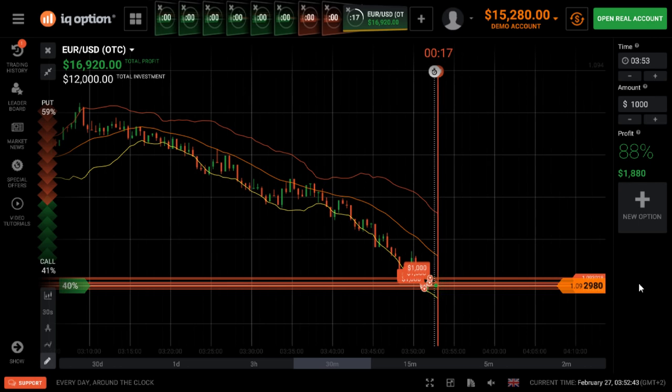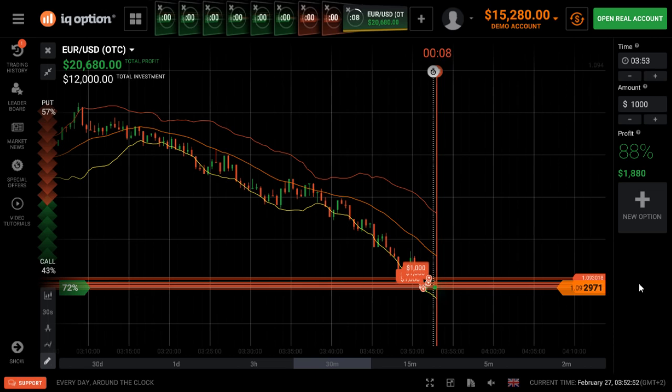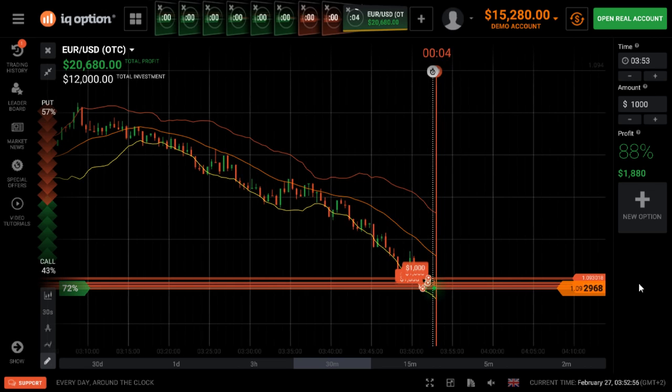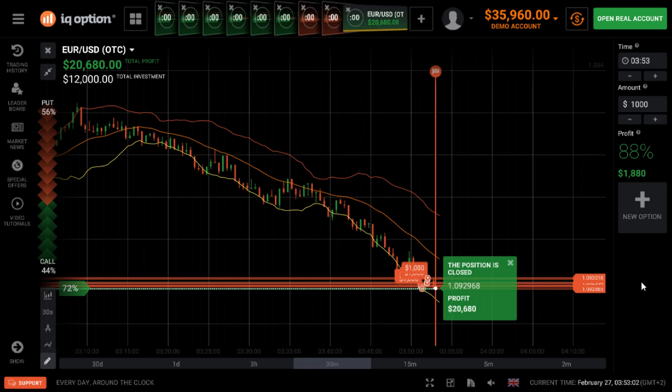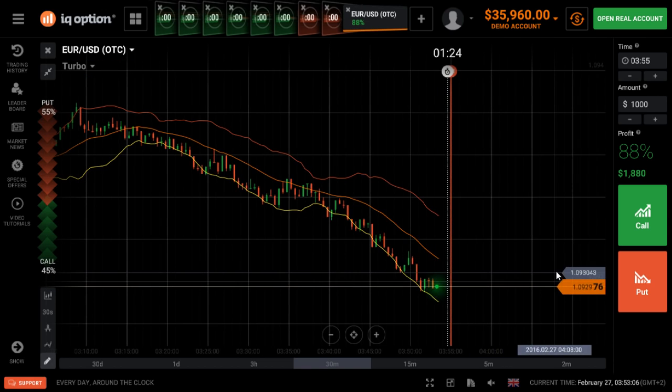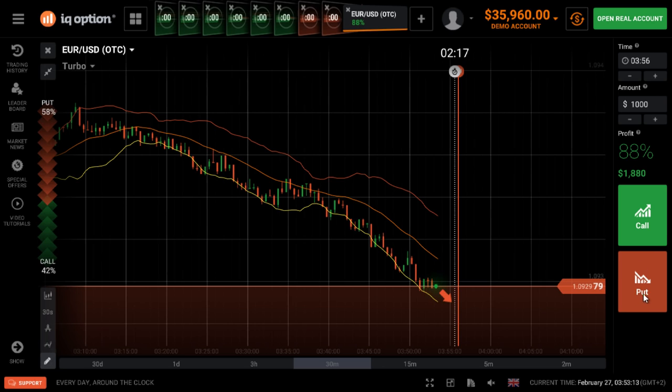For that kind of unstable chart, you may use a binary option instead of a turbo option to use a longer time frame chart, like 5 minutes, and trade on the binary option instead of turbo option.